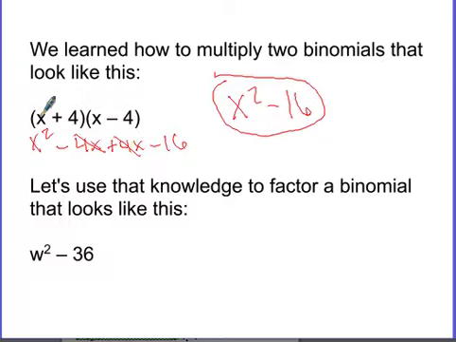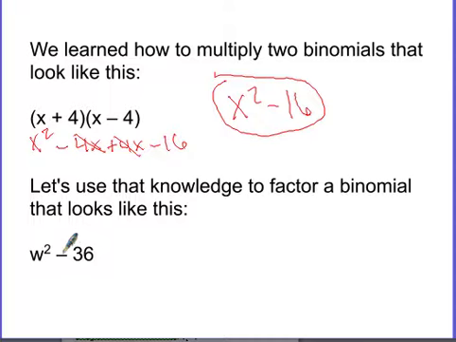So you square the first term minus square the second term. That's the way we stated it when we did that lesson, I think it was 8.4 a couple weeks ago. Now let's use that knowledge to factor a binomial that looks like this.